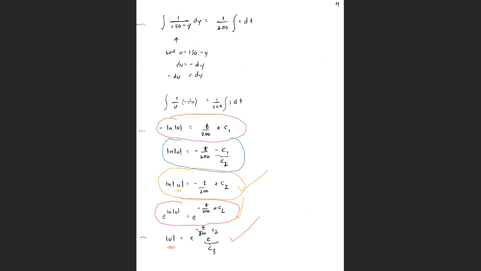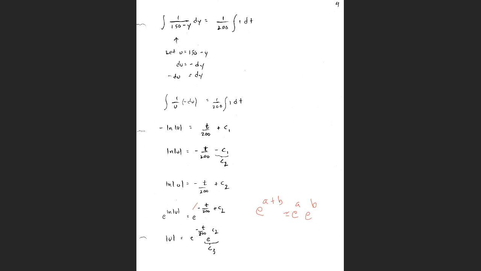Let me know if you have any questions on the math that you're seeing here, okay? Tal, question? Is there a reason why we don't just add C at the end? Like, is there a reason why we're changing it so much? Well, it's because it is getting changed. Let me just phrase this. If you have e to the a plus b power, that's the same as e to the a times e to the b power, of course.